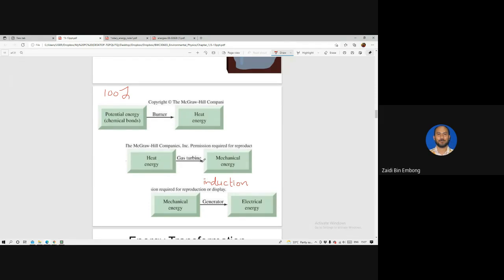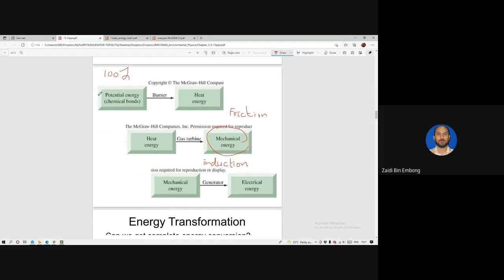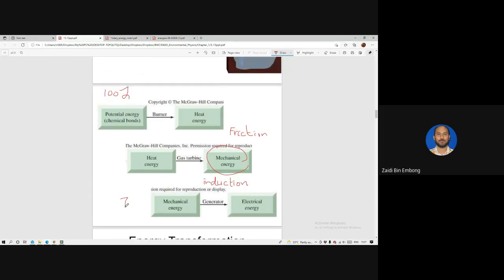Where does the energy loss come from? It comes from mechanical loss, because in a mechanical system we have friction. The loss is in terms of friction between metal and metal and so on. Because of the friction, maybe not 100, but could be 70 joule. From 70 joule, you induce and then the current will be produced. It's not exactly perfect.